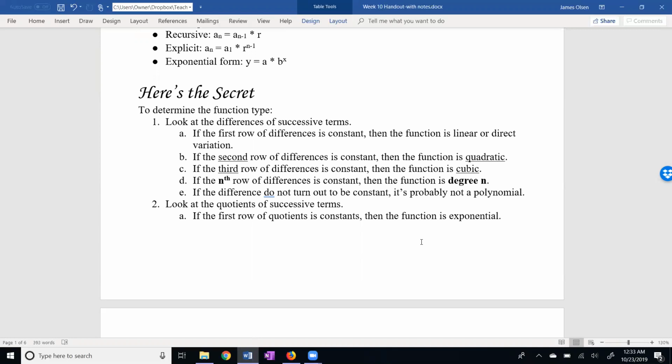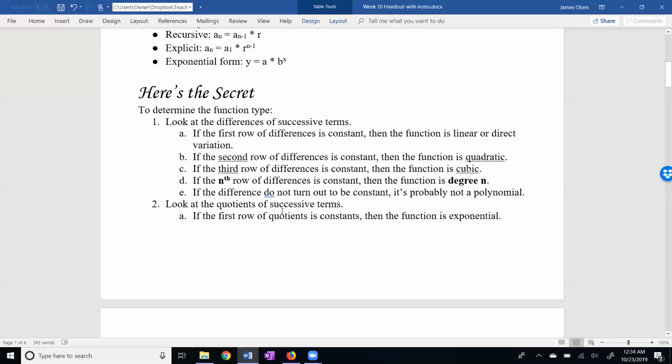This is a very powerful relationship and a very important secret. So you look at the differences, and I'm going to show you some examples. On the other hand, if the differences do not turn out to be constant, it's probably not a polynomial.